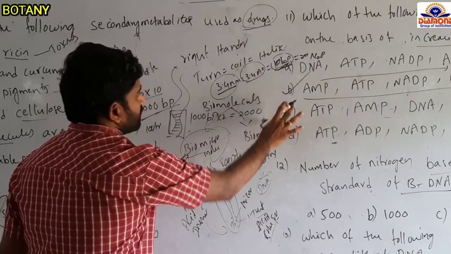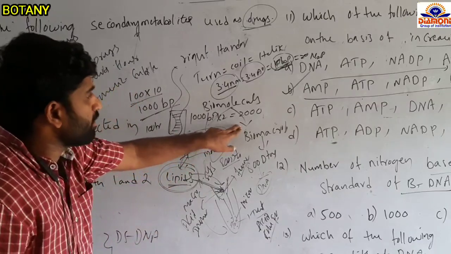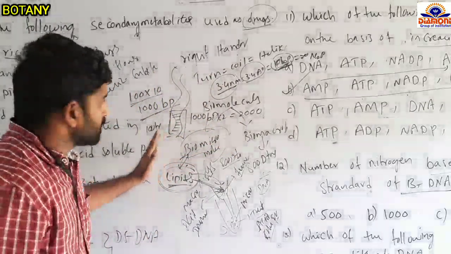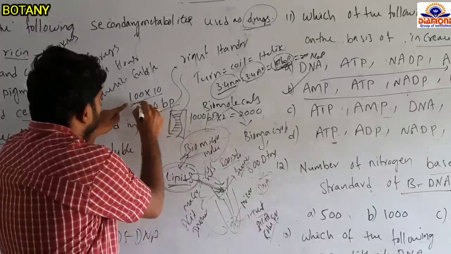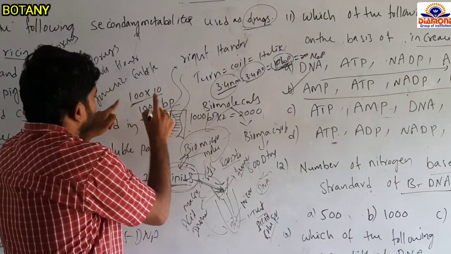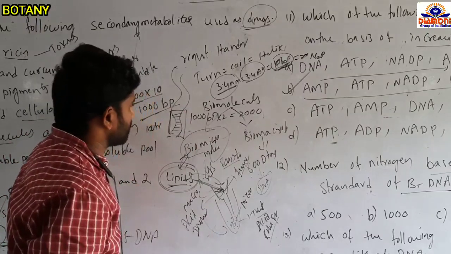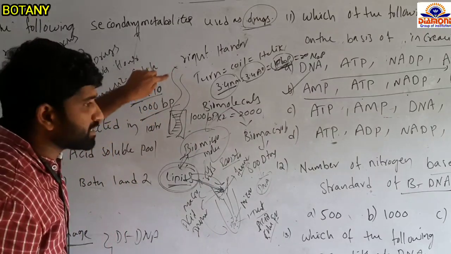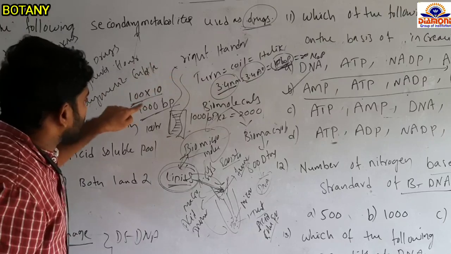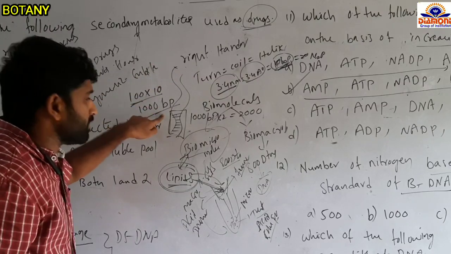But they are asking about one strand of the DNA. Here they have taken 100 turns. Each turn contains 10 base pairs, meaning 20 bases. But the question asks for a single strand only. So 100 turns contain 1000 base pairs.